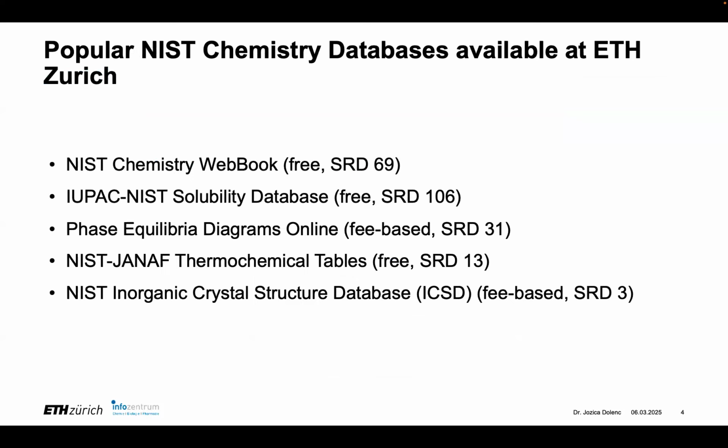And I'm going to quickly show you what that is. And then we have the NIST JANAF Thermochemical Tables, which has been recently used in the physical practicum here with us to calculate heats of reaction. And then another very important one, also for material sciences, is the NIST Inorganic Crystal Structure Database. It's also fee-based and it's licensed by the ETH.